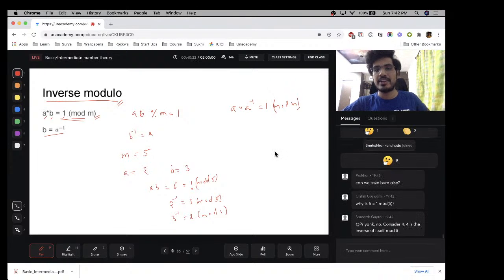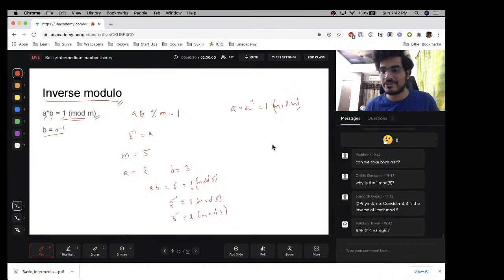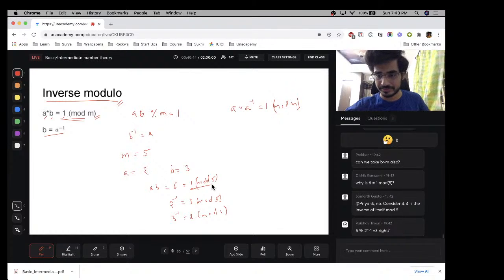If b is greater than m, we just take the remainder of b, right? Why is 6 equal to 1 mod 5? You must go to the previous part of the lecture. Oishik, if I did not pronounce it wrong.